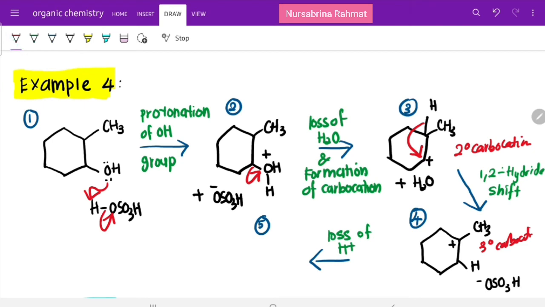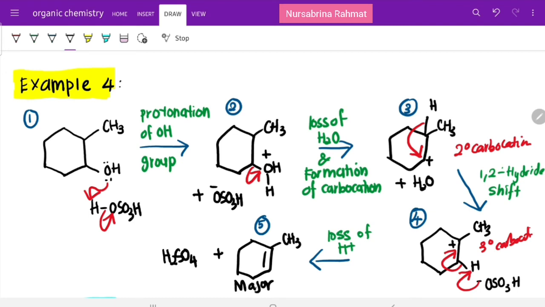The negative charge from your sulfate ion will attack this hydrogen and the bond will break heterolytically to form a double bond. So here is our alkene, CH3, with regeneration of your sulfuric acid. So this is your major product.